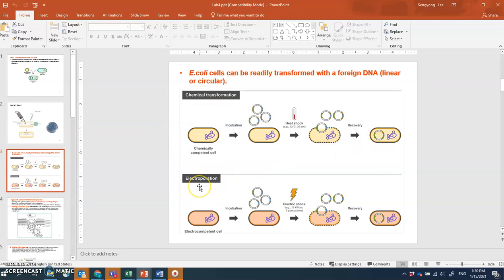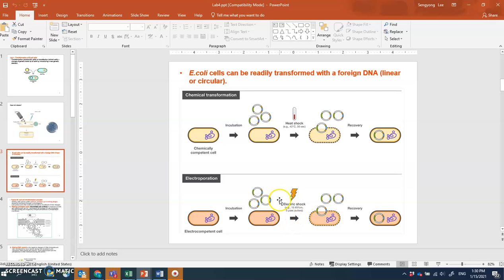And electroporation is where you zap the cells with a high electric voltage, a very short electric charge, like 15 kilovolts, so 15,000 volts. You can expose the cells to that voltage for a very short period of time, maybe a 5 microsecond pulse.